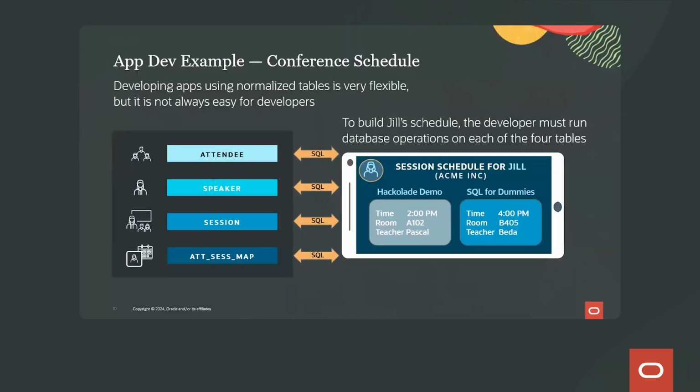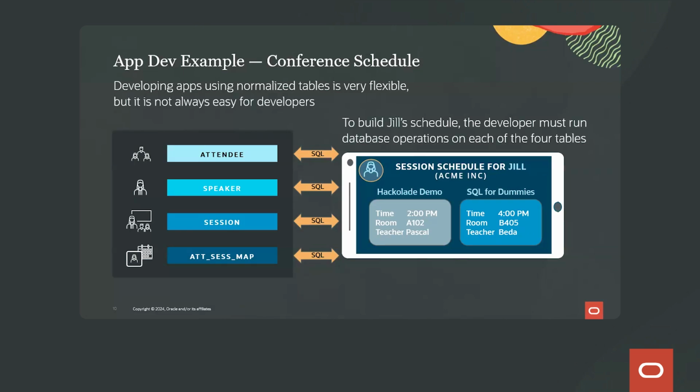Let's look at an example, an application development example, a conference schedule. Developing applications using normalized tables in a relational database is very flexible, but there is a reason why it is not always easy for developers who develop the application. For example, if we want to build Jill's schedule, a developer must run database operations on each of these four tables: attendee, speaker, session, and the mapping table.